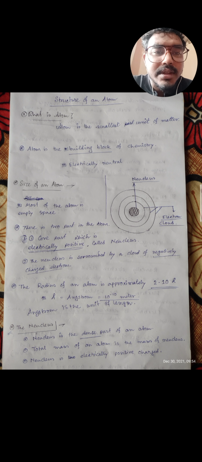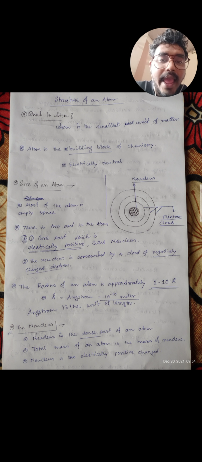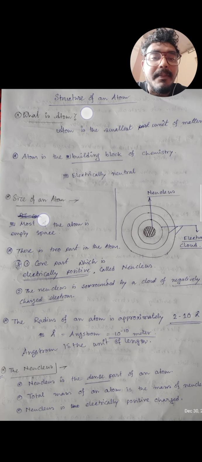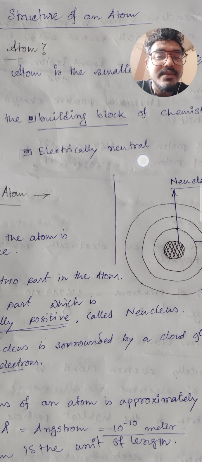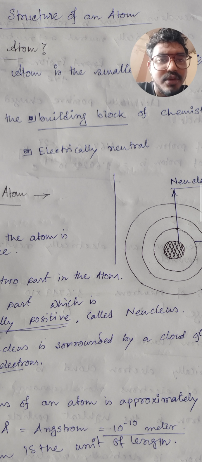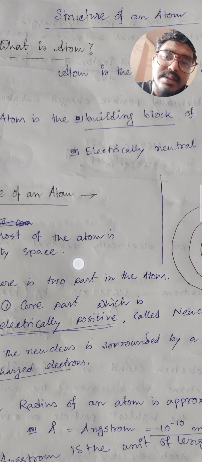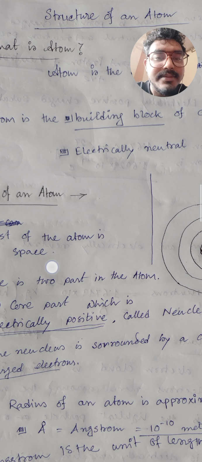The matter can be inorganic, organic, or anything. We can say that the atom is the building block of chemistry. We can solve any kind of problem, like making salt or any compound, by using the atom or atomic structure.